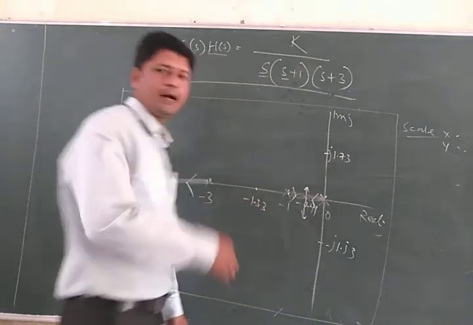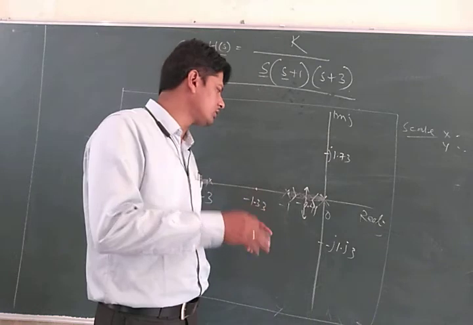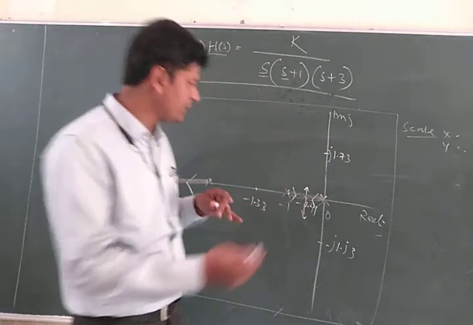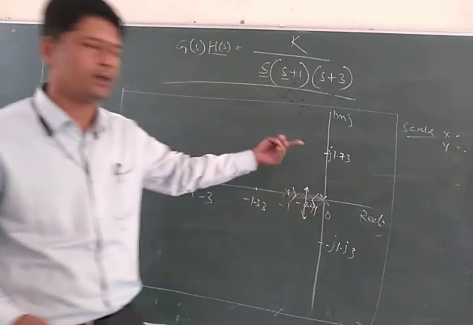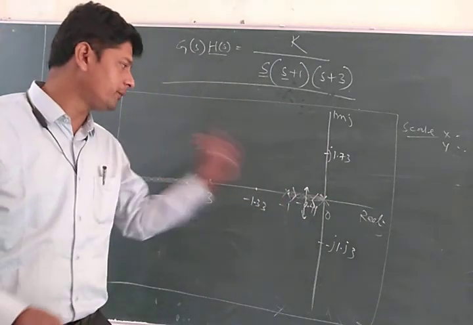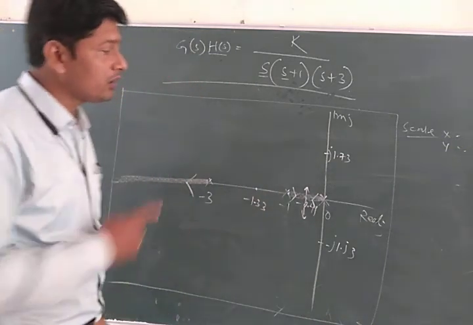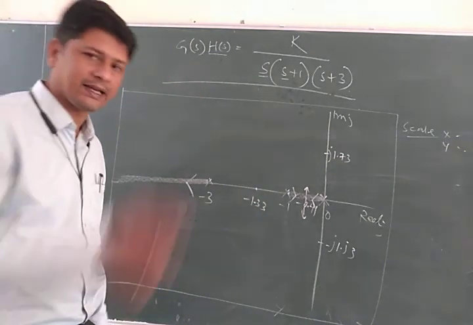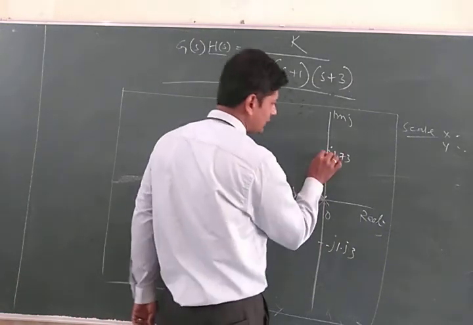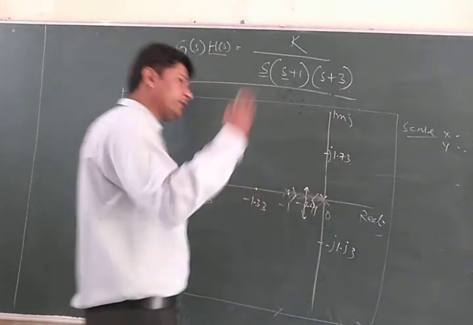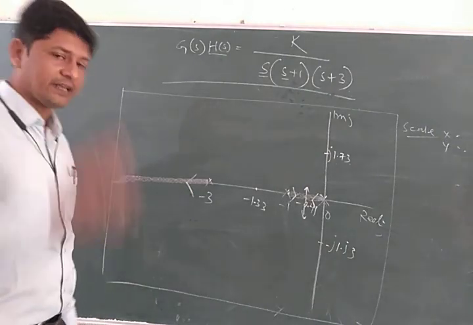After departing, at the breakaway point the root locus breaks away from the real axis into the complex zone. After breaking away, it will cross the imaginary axis at the crossover point, which we have already found to be 1.73j. After that, it will approach the asymptotic lines.